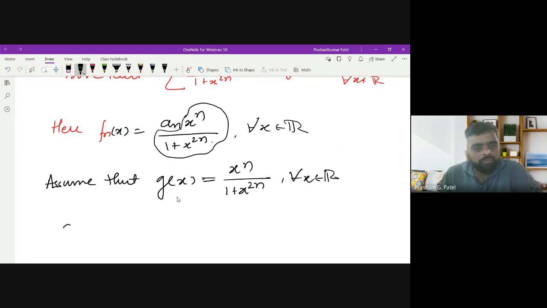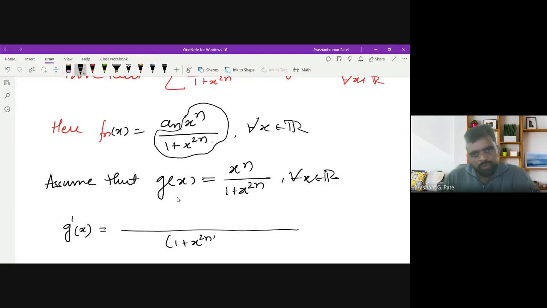To calculate the supremum, we can first find its derivative g dash of x. By the division rule, this is 1 plus x power 2n whole square in the denominator; in the numerator, 1 plus x power 2n as it is times the derivative of x power n, that is n into x power n minus 1, minus x power n as it is times the derivative of 1 plus x power 2n, that is 2n into x power 2n minus 1.